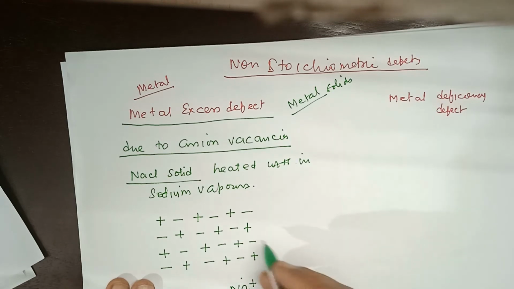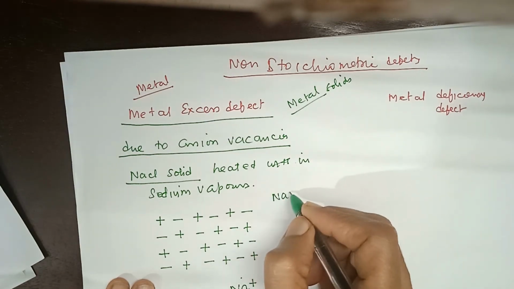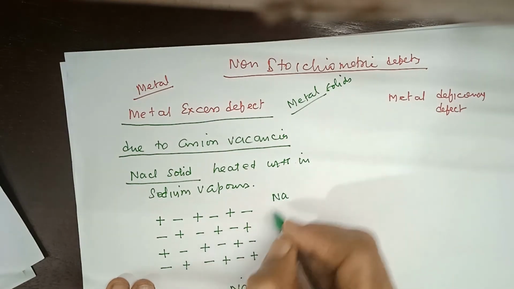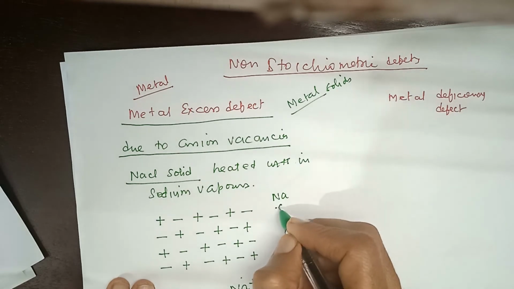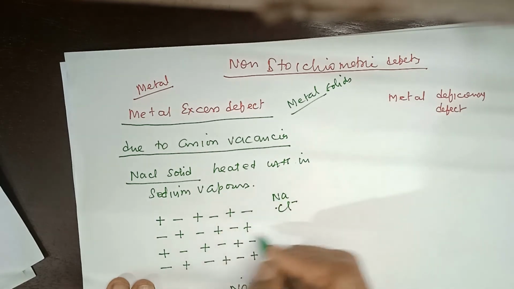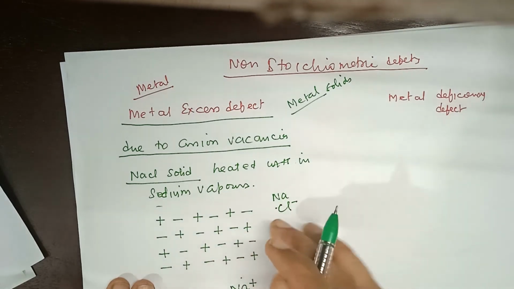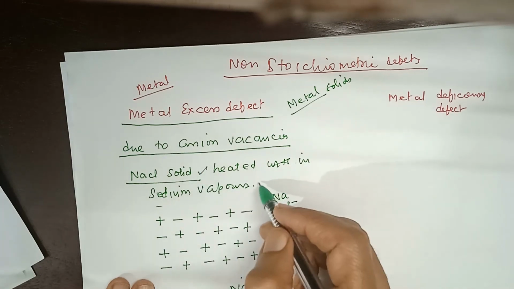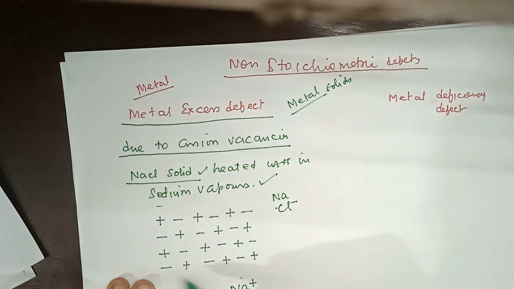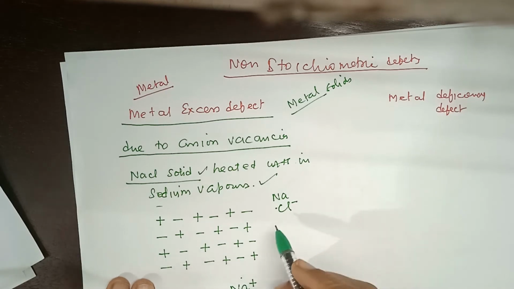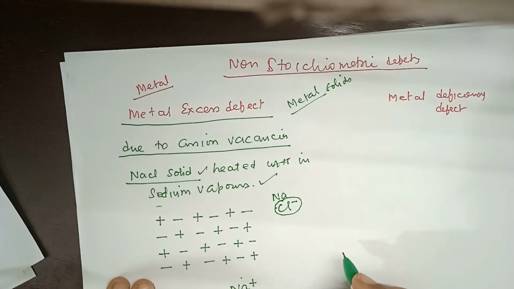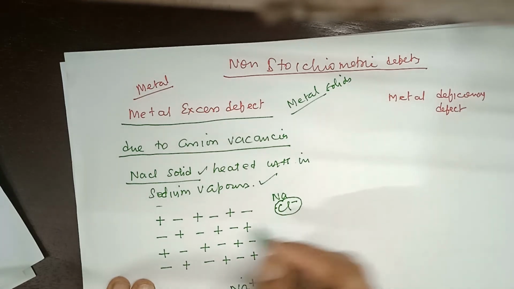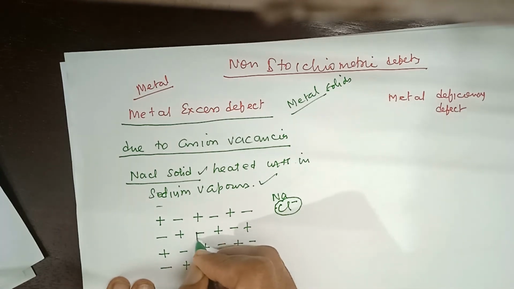The sodium here is reacted with this Cl minus, and Cl comes at the surface. Sodium is collected at the surface because NaCl is heated in sodium vapors. Sodium is collected at the surface of the crystal and Cl anions come at the surface, leaving behind a space.